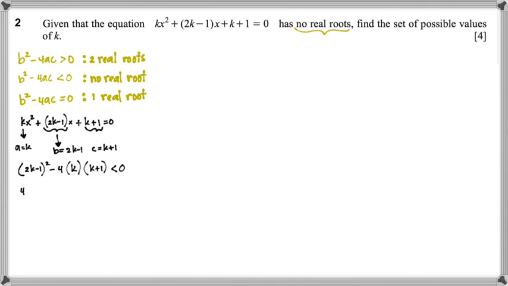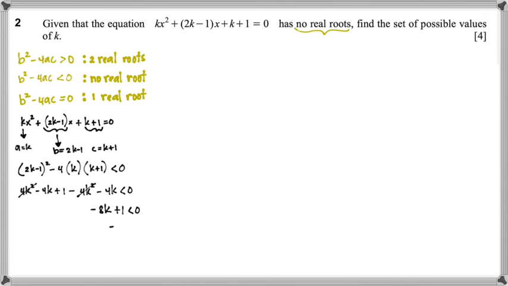So we get 4k squared minus 4k plus 1 minus 4k squared minus 4k is less than 0. So as you can see here, 4k squared and 4k squared can cancel out each other. So cancel. And we're left with negative 4k plus negative 4k will get negative 8k plus 1, okay, plus 1 is less than 0.